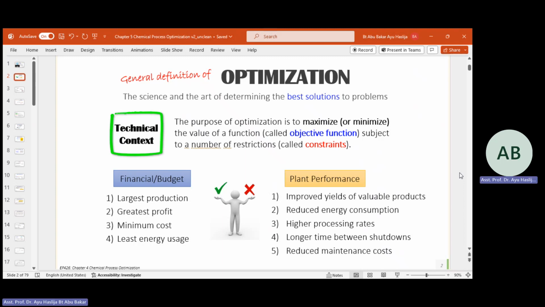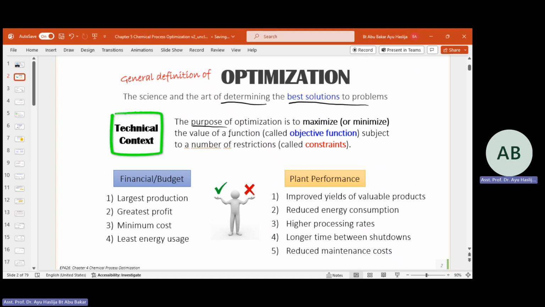Now the general definition of optimization is you need to find the best solutions to the problems. It is the art of determining the best solutions. How to find the best solutions? Identify your purpose, the purpose of the optimization.